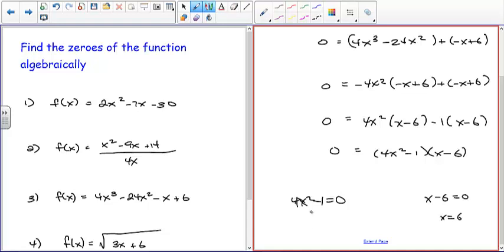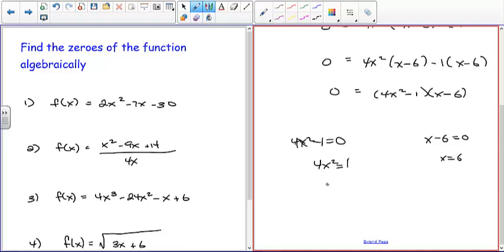Here, what you do is add 1 to both sides, divide by 4, and take the square root. Now the key thing here, and this is what people forget, is you've got to take plus or minus the square root of 1/4, which is plus or minus 1/2.